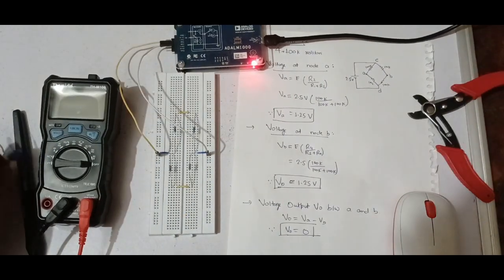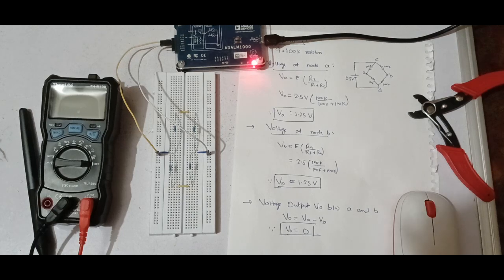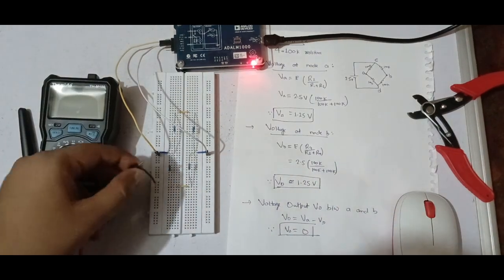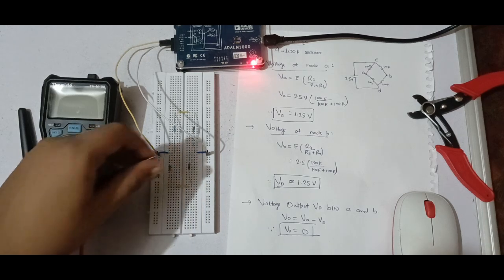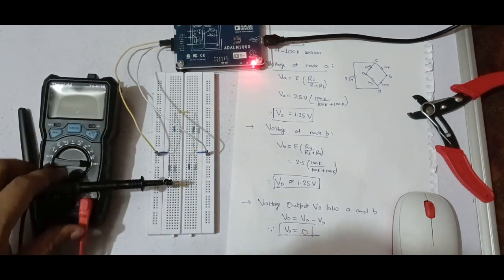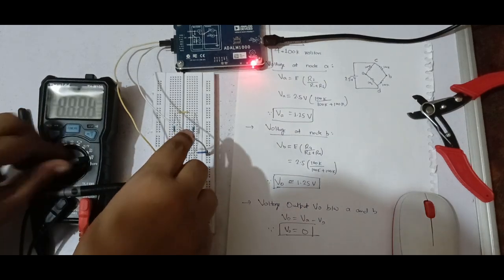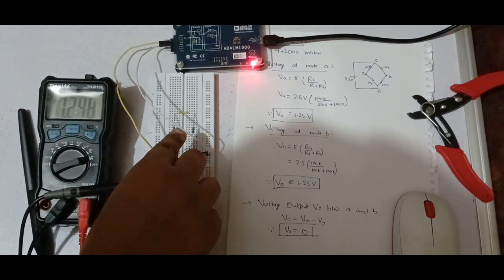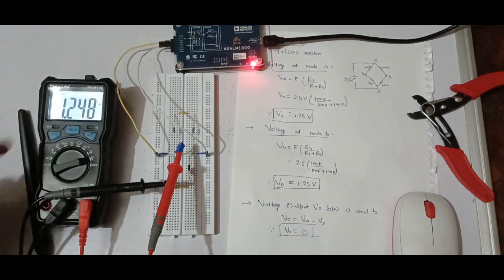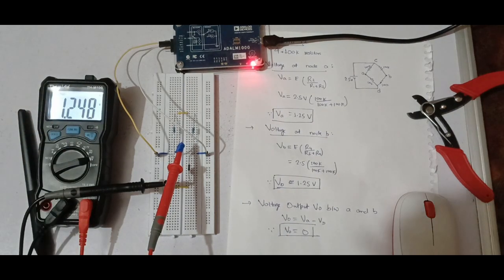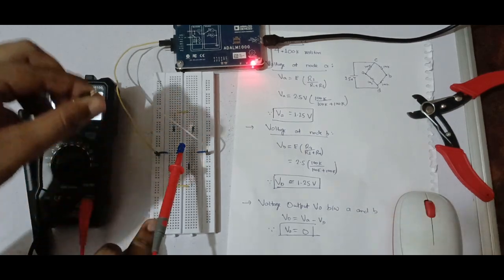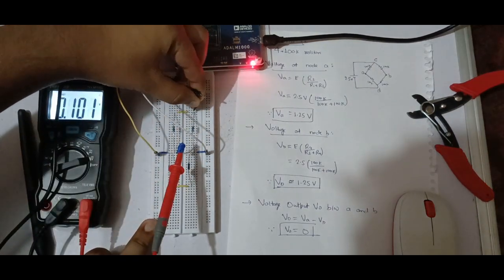Okay, so let us check the voltage at node A. Just a second. Okay, so it is around 1.25, and what about node B?